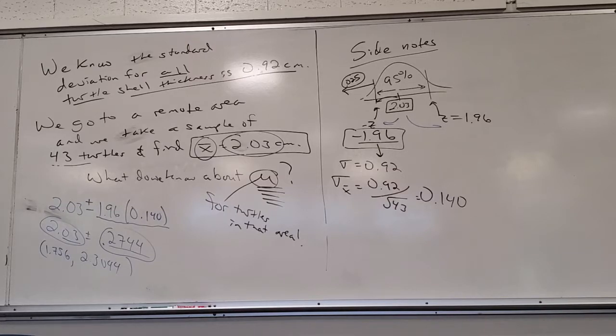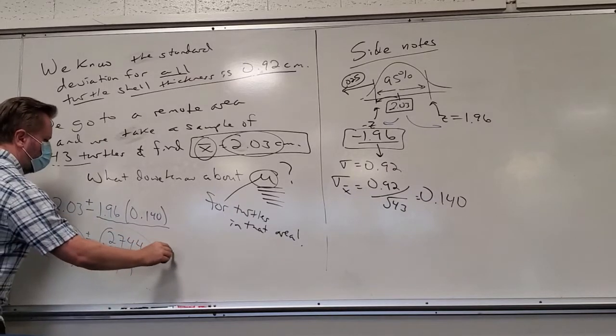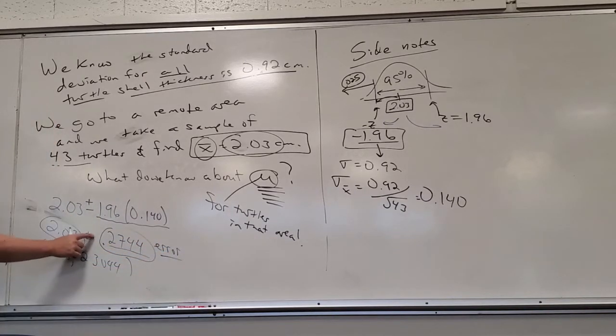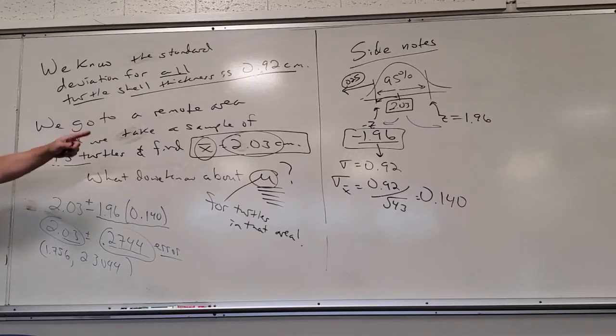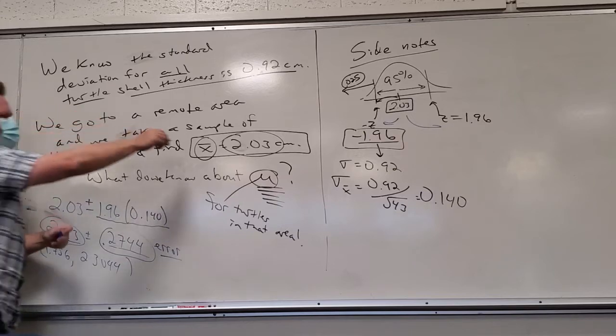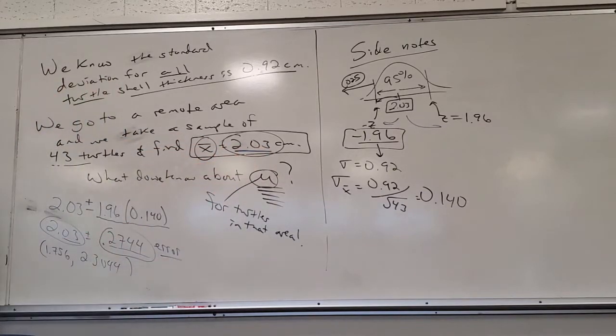So we just call this the error part, because it's give or take this. It's how much off from this that the real mean might be. So it's a lot more information to tell somebody that this is the interval for the thickness, instead of just telling them one number. We give them this range.